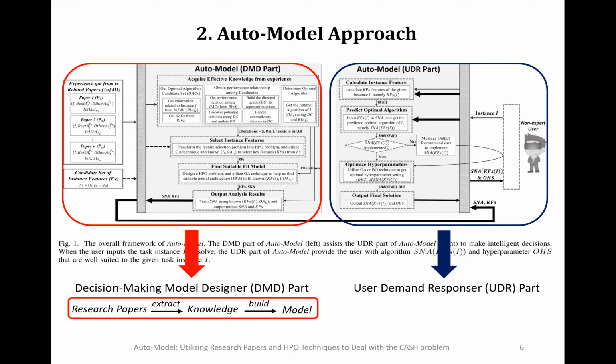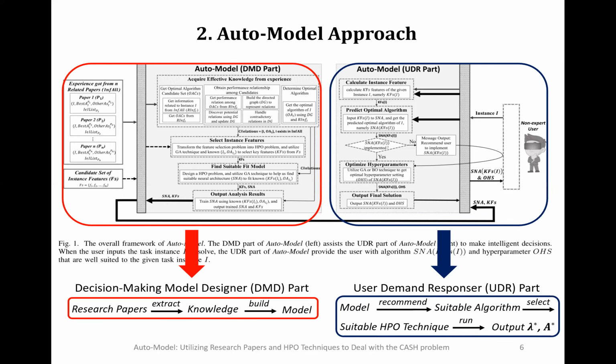And the second part is the user demand response part, UDR part in short. In this part, we utilize the decision-making model obtained by the DMD part to quickly recommend the A*, which is the most suitable algorithm, and then select the most suitable HPO technique to help us find and get the final results.